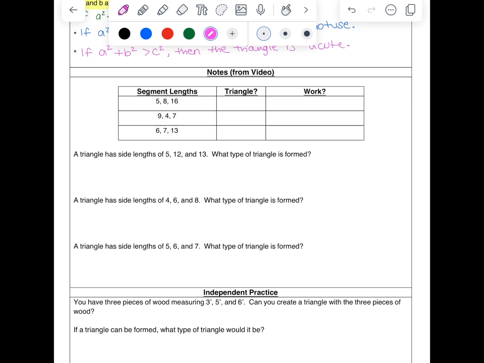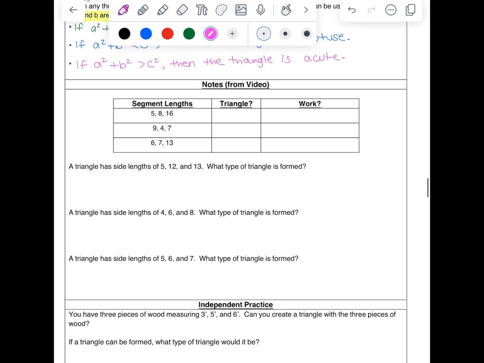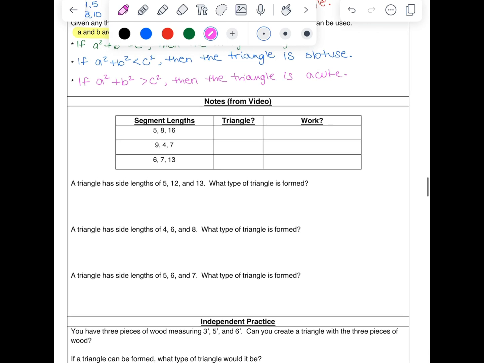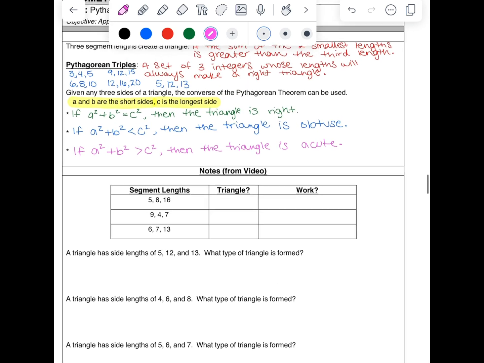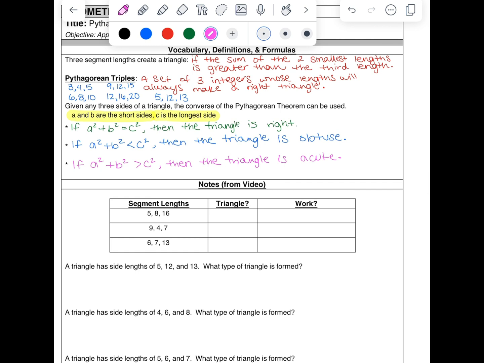Okay, the next table gives us segment lengths and wants us to decide if they can form a triangle and why we think that, with the work to back that up. The first segment lengths are 5, 8, and 16. To form a triangle, we go back to our first definition: 3 segments can create a triangle if the sum of the two smallest lengths is greater than the third length.